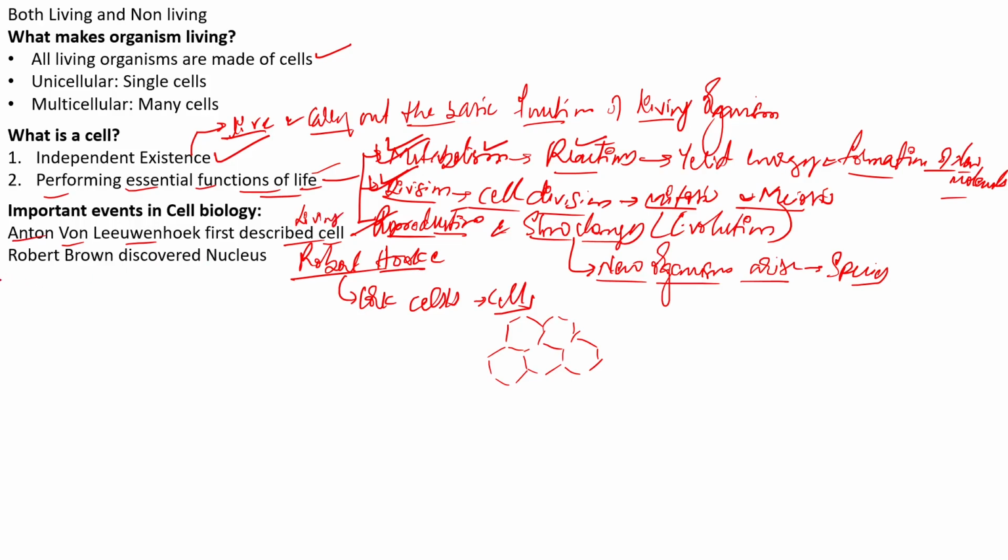But Anton von Leeuwenhoek was the first person who described the living cell. One more scientist, who came quite later, was Robert Brown, who discovered another structure, the nucleus. We now know that the nucleus is the main directing center of the cell; it mainly controls cell functioning.